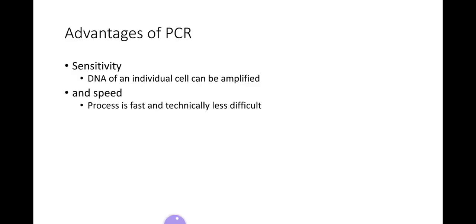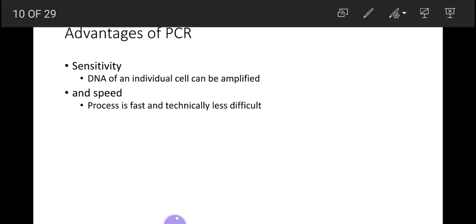What are the advantages of the PCR? There are two main advantages of the PCR. The one is sensitivity and speed. Sensitivity means the DNA of an individual cell can be amplified. It means a very small amount in a single cell can be amplified.